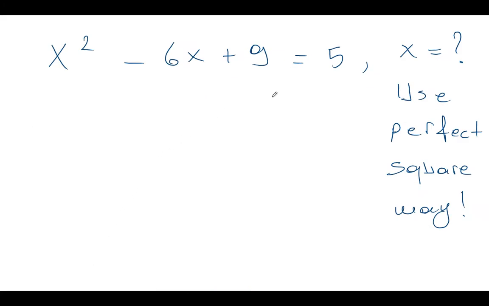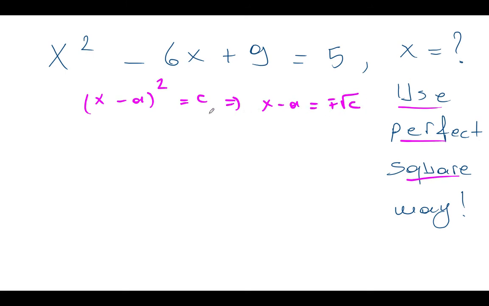Okay, let's go on. Use the perfect square to find x. What was the perfect square for the solution? If I have x minus a squared is equal to c, I say that x minus a is equal to plus minus root c. So when I look at my question, the coefficient of x is negative 6.